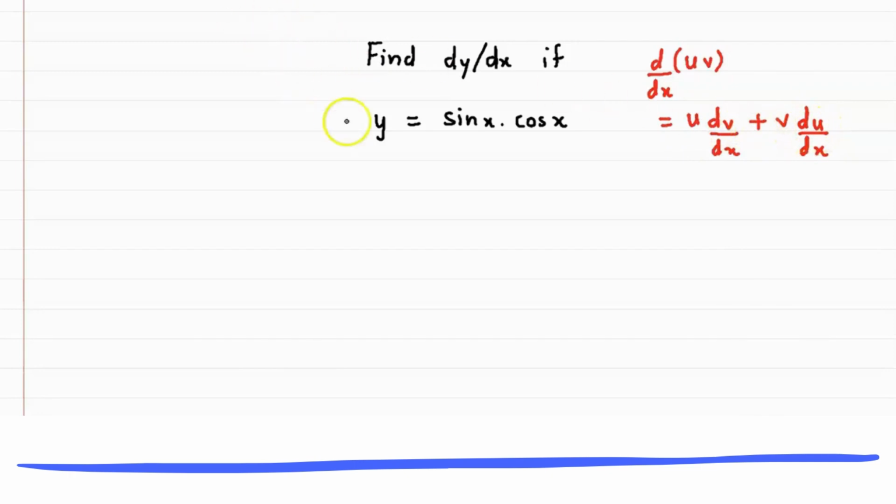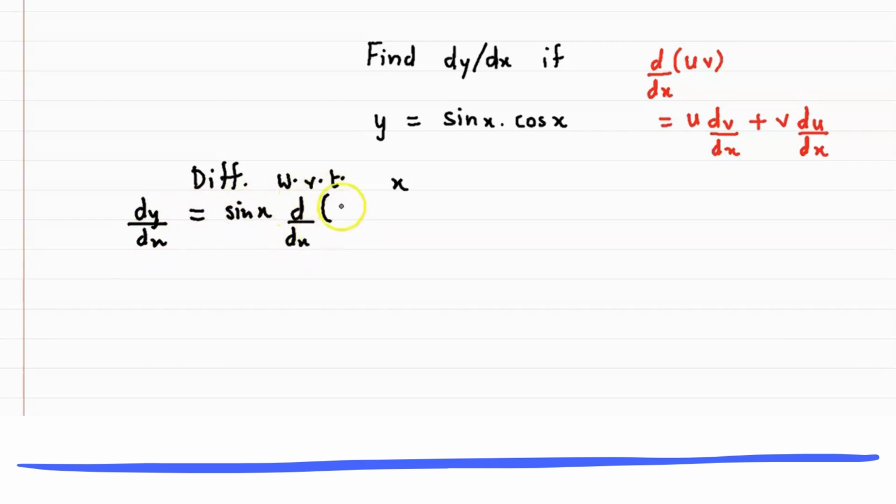So applying this product rule over here, differentiating with respect to x, we get dy by dx is equal to sin x into the derivative of cos x plus cos x into the derivative of sin x.